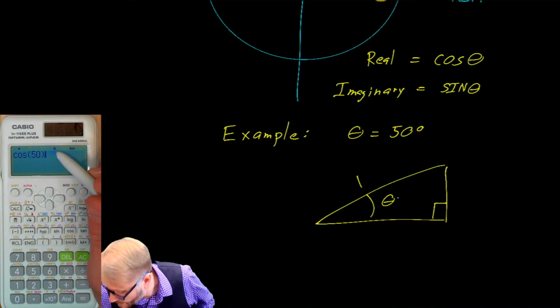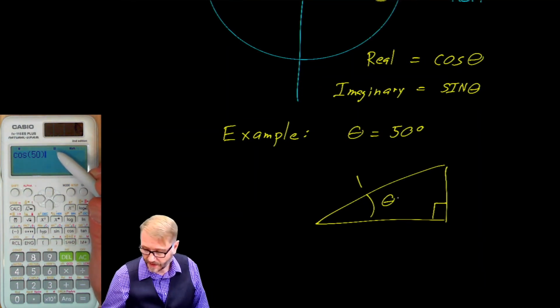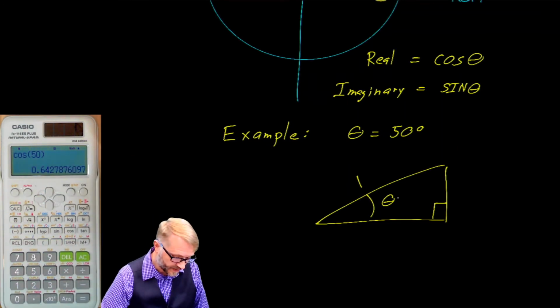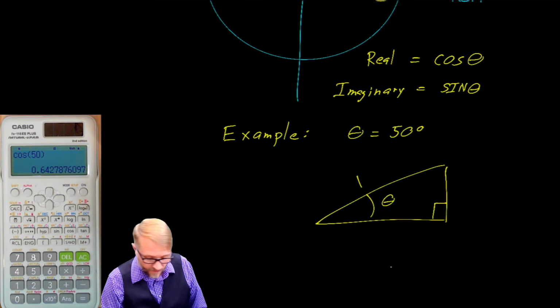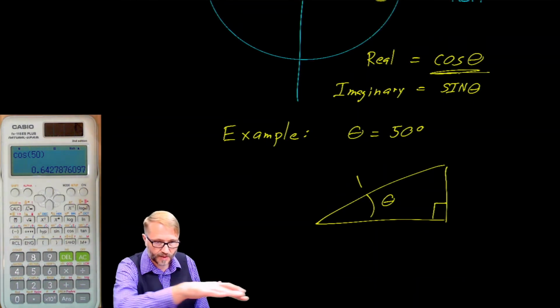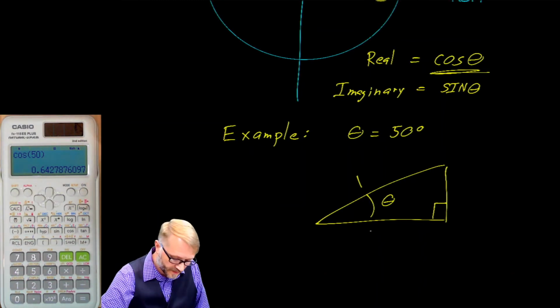Make sure that you have a D right here, that you're running in degrees. So the cosine of 50 is equal to 0.64. And the cosine of theta tells us the real part, so that's the part on this axis here. So that is 0.6428.